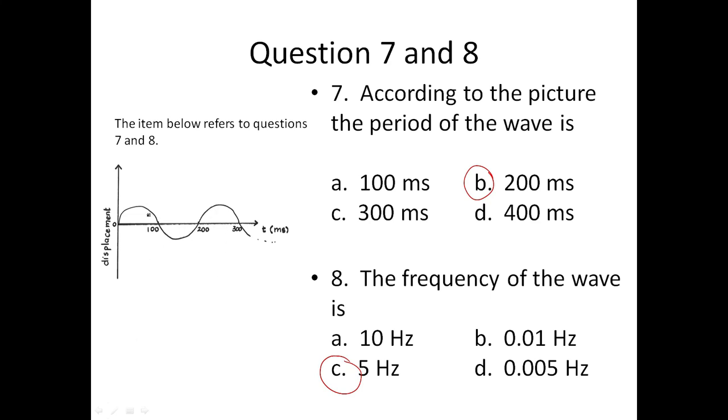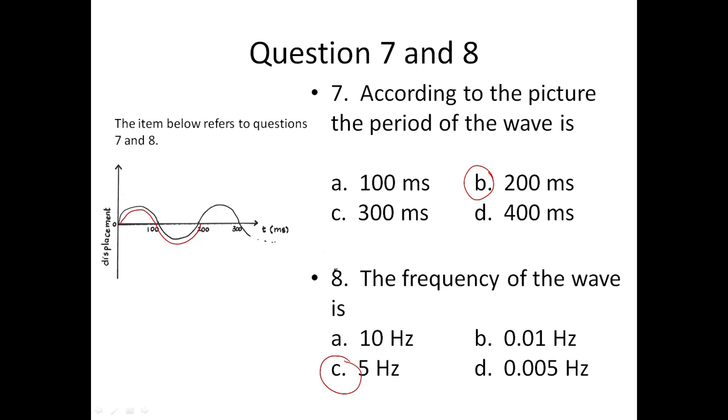So you must start from the equilibrium point here, fully, that's one wavelength. So you could actually measure wavelength from the start at the equilibrium point of a crest to the end of the equilibrium point at the trough. Okay, so that's the wavelength.